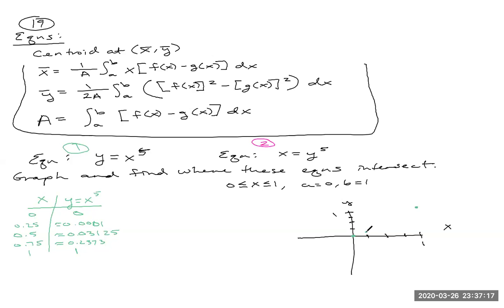So somewhere along here. And then 0.5 for x. We get a little bit bigger, but still pretty small. And then for 0.75, we're going to get about right here.